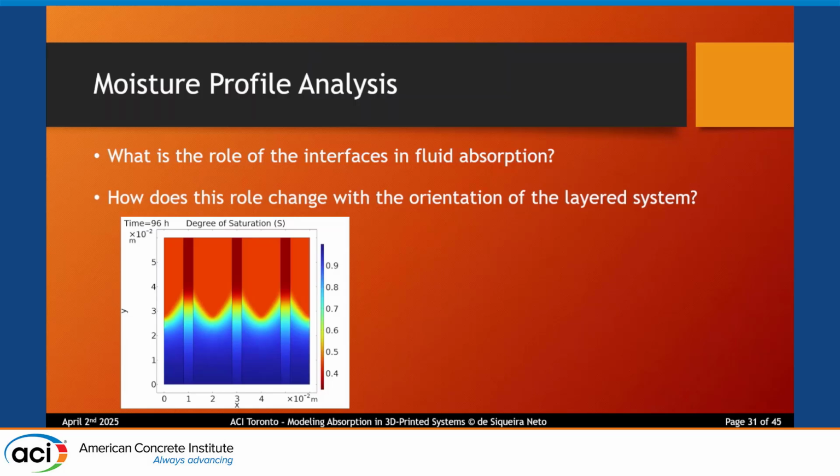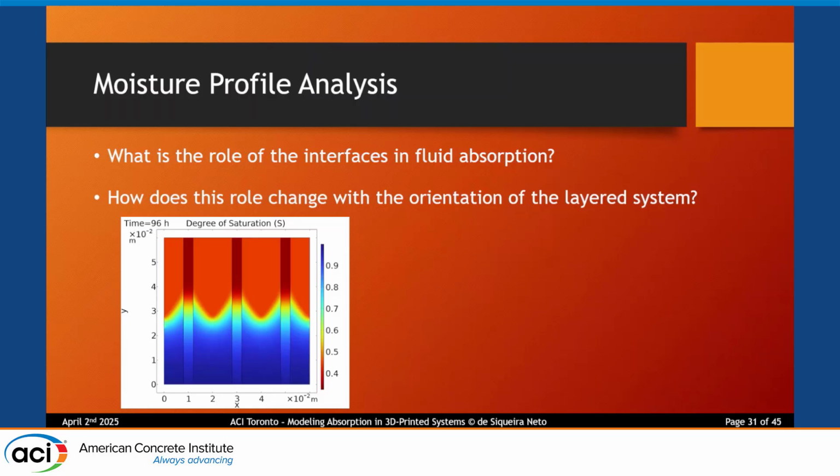And the way we're going to do a quantitative analysis is to take the information we have in the contour plot and do two things to it. The first one is that we're going to take the average for each layer at each vertical position to account for the fact, like in the example that I'm showing you on the left, the absorption front is not exactly sharp, but we want to be able to compare these systems with a single number.